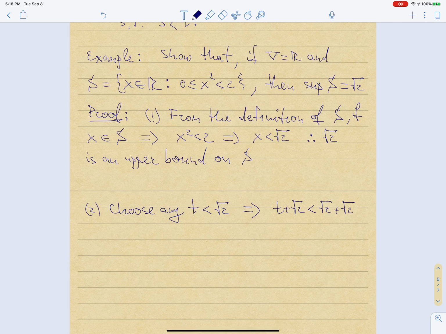This comes from the same properties of ordering that we discussed before. If I have a number less than another number, and I add the same number to both sides, then the inequality holds true. So this is from the properties that we proved in the previous section.